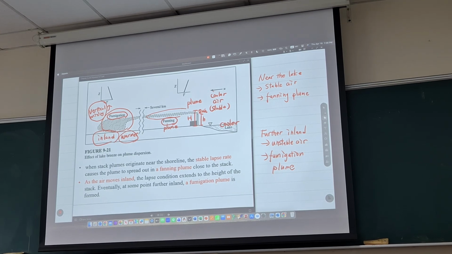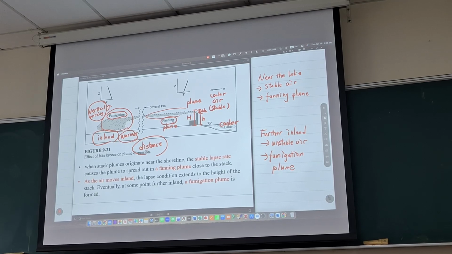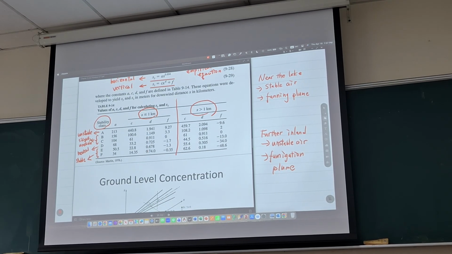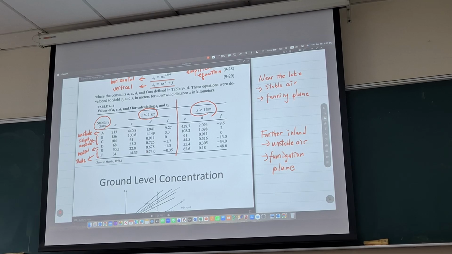It's different from fumigation and fanning, and it's related to distance, right? Yeah, I think the distance matters for fanning and fumigation, right? So that's the reason table 9-14 from the textbook separates into x smaller than or equal to 1 kilometer and x larger than 1 kilometer.